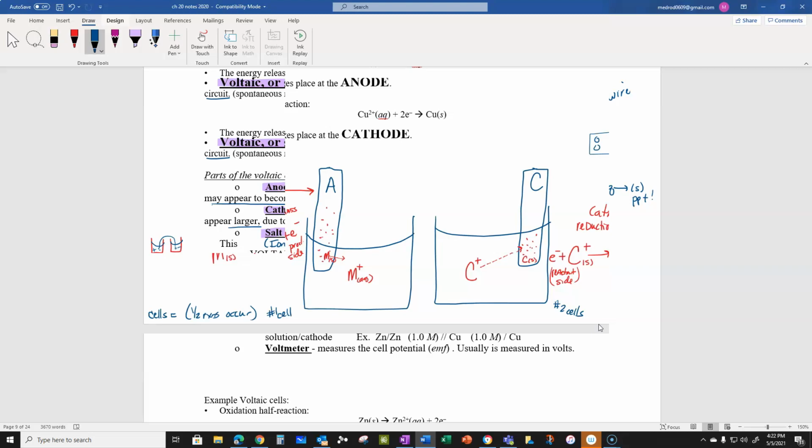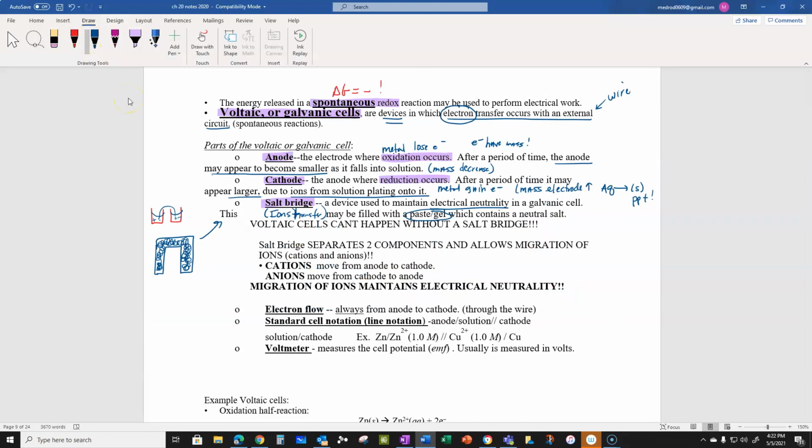Think of it like really thick, waxy glue. Inside here, some of the ions are going to travel through this way, and some of the ions are going to travel through that way. And the only thing traveling through there is the ions, not electrons. The electrons are going through the wire.